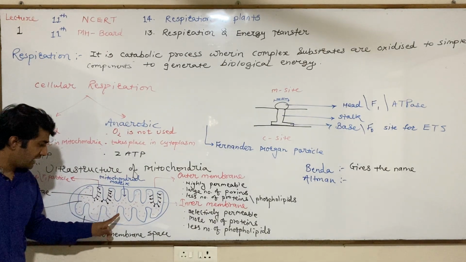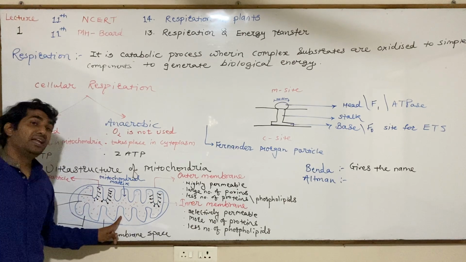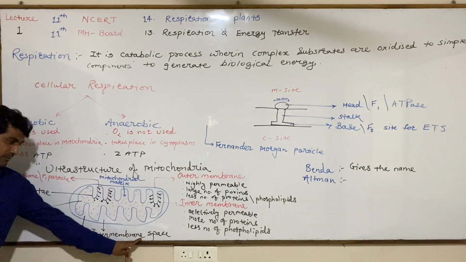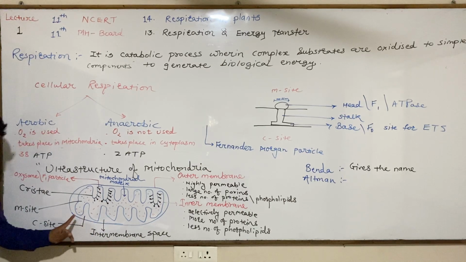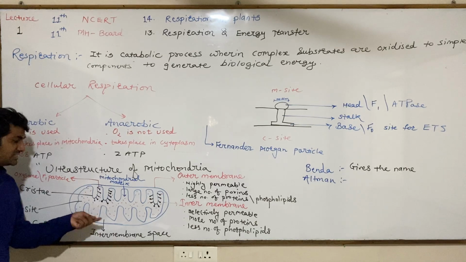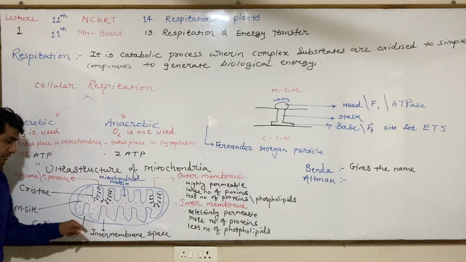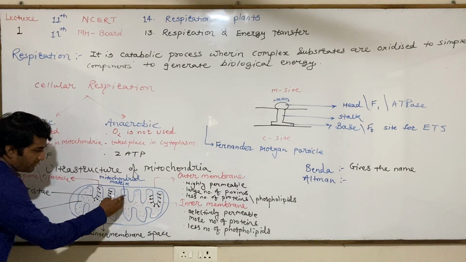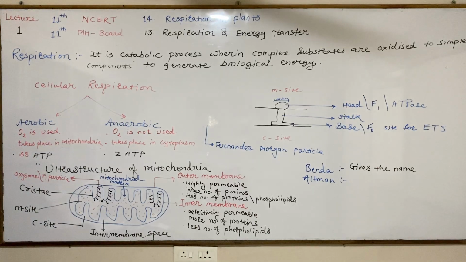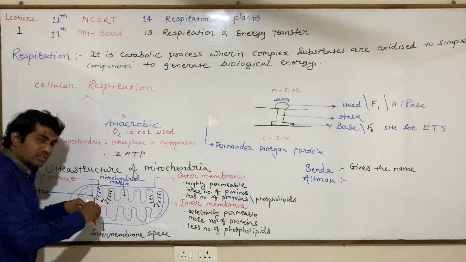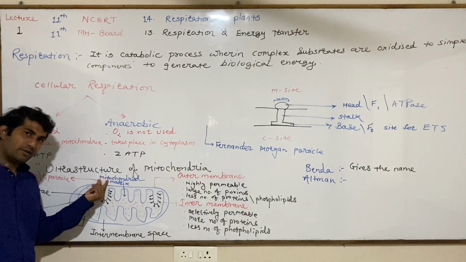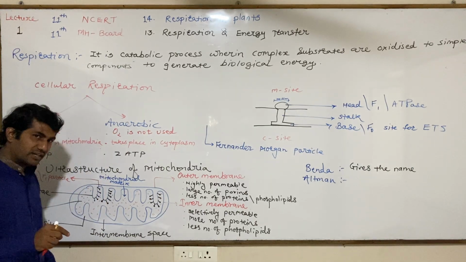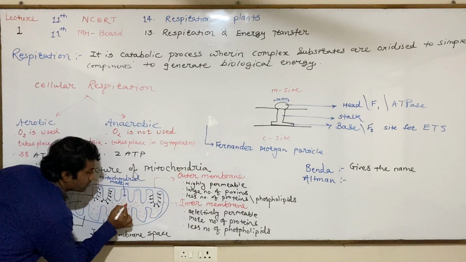The outer and inner membranes have a space between them called the intermembrane space. The intermembrane space is also known as C site, while the space inside the inner membrane is called M site, which is filled with a colloidal matrix called the mitochondrial matrix. The mitochondrial matrix contains ribosomes.